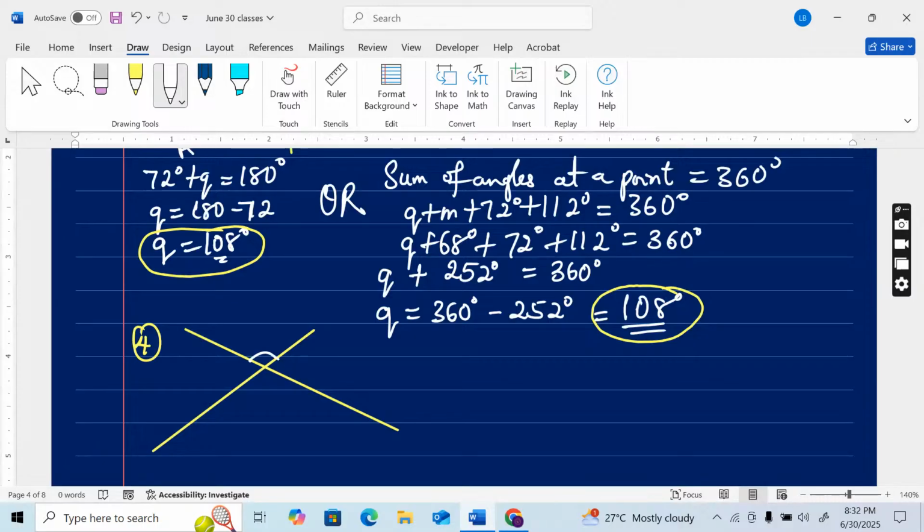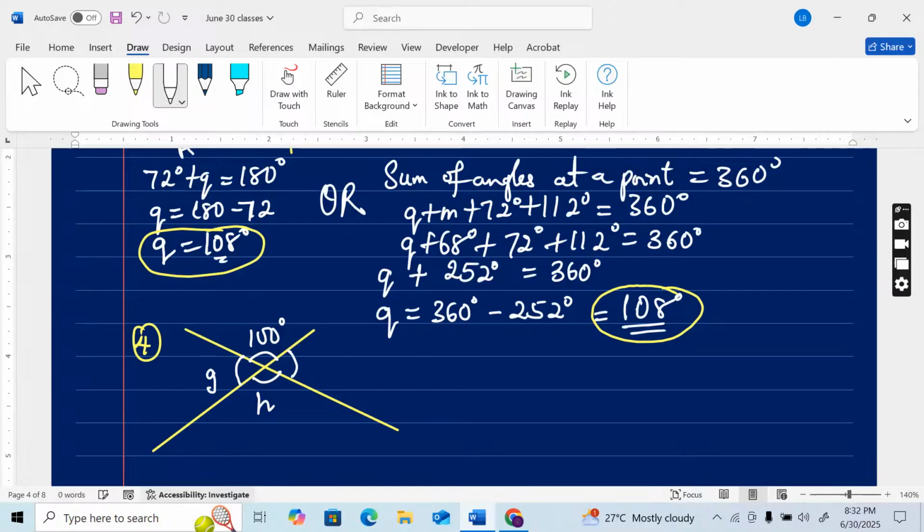So right here, I have 100 degrees. Right here, I will need to find angle H. Okay. And right here, I have G.